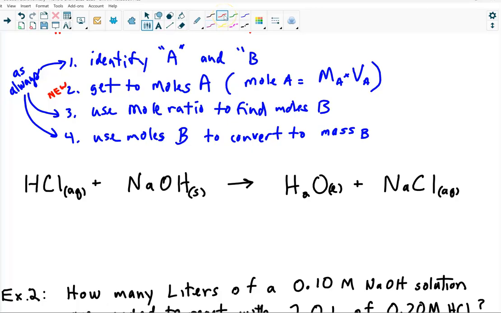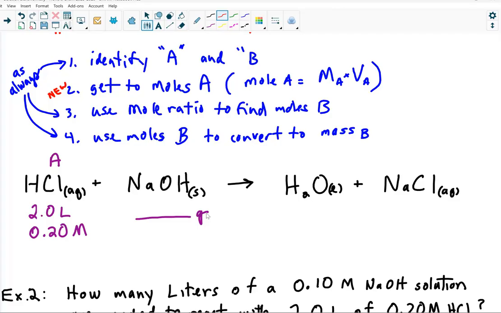Well, normally what we would say is, HCl is A because that was what was given to me. And for HCl, I know that I have 2.0 liters. This is from the prompt, right? And I have 0.20 molar HCl. And then I want to know how many grams of sodium hydroxide we need to go with this HCl.